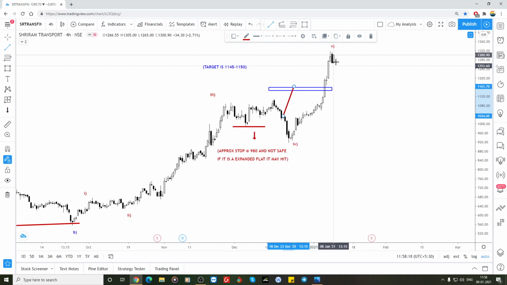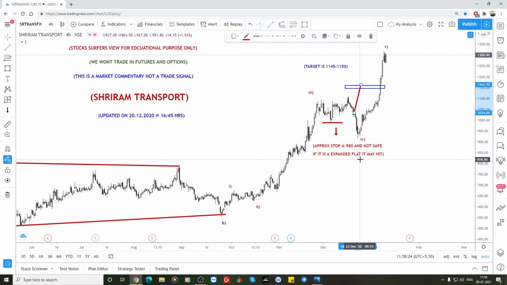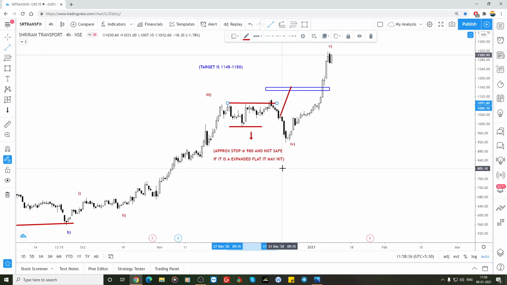But I'm not in the trade now, because I'm not so sure about these things. Sometimes it may hit here also, it can end here also. So I'm not so sure, and trading that fifth wave is very, very crucial. We don't know whether the fourth wave is already completed or it is going to happen, like we explained in the DXY, USDCAD, a lot of things, right?